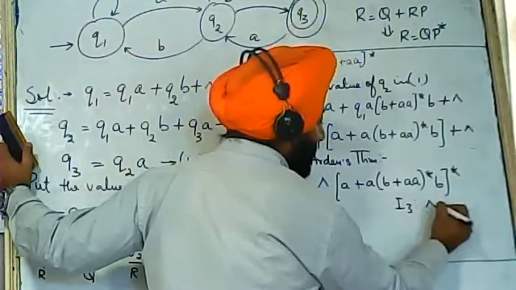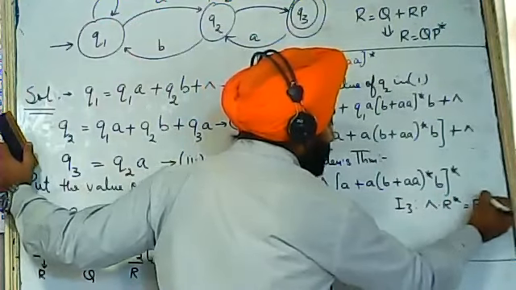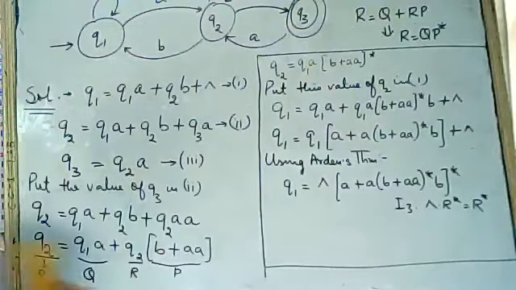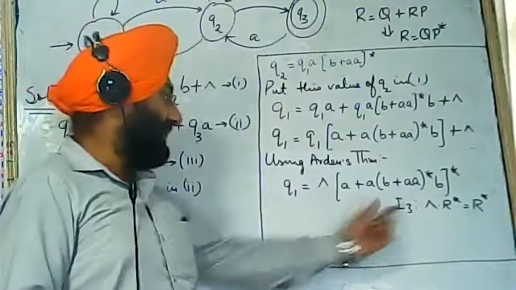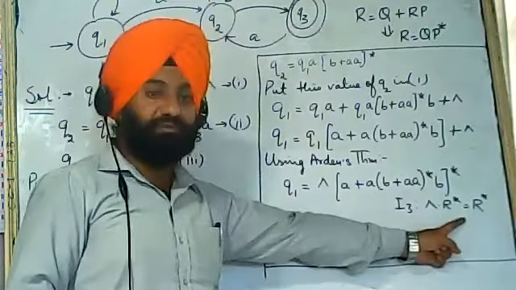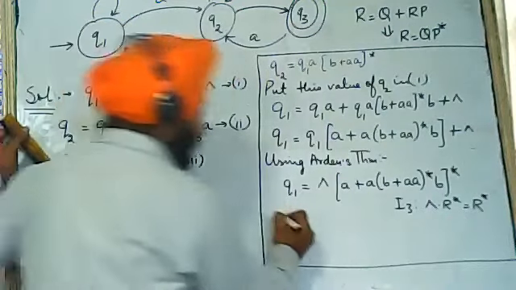I3 is null dot R star equals R star. So according to identity I3, null dot R star equals R star, right? So what is left?